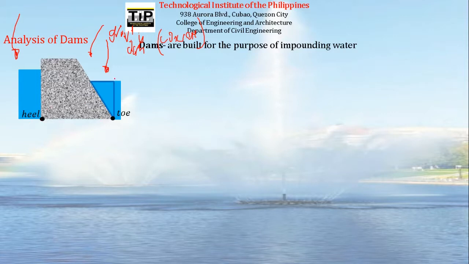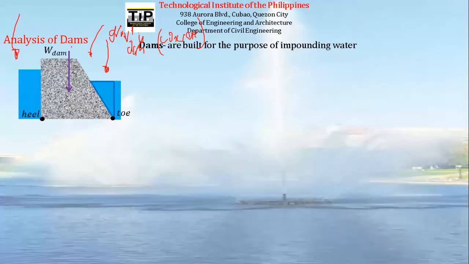We have the heel and then the toe. And then this is the first force that we can see that acts on the concrete dam. So we have its self weight.